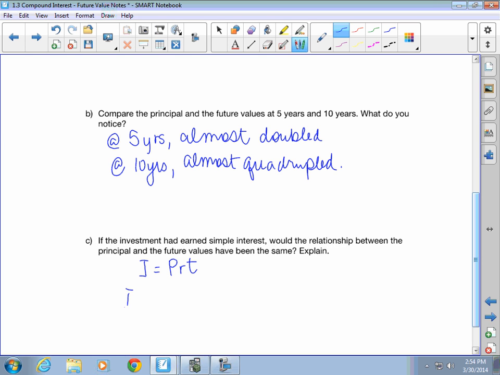So after 5 years, we would have $23,000 times our rate of 0.136, and our time was 5 years. So we'd have $15,640 in interest.